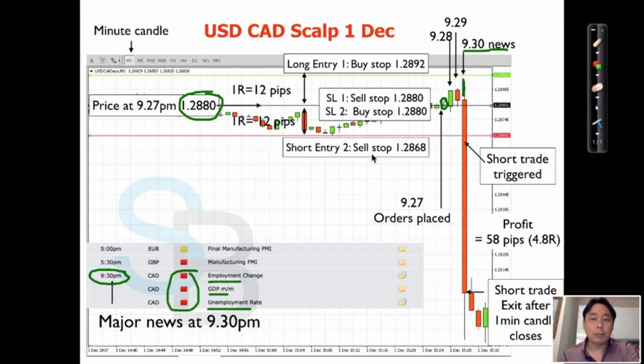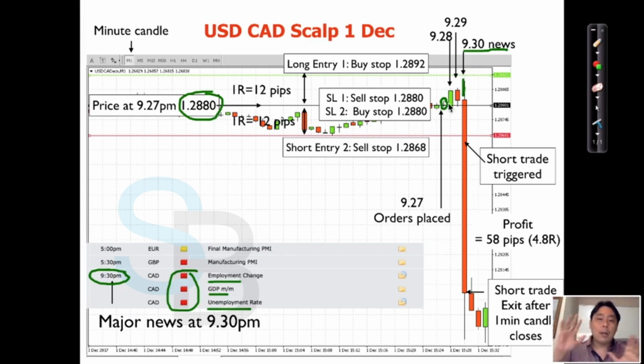I place my sell stop order 12 pips below the market price. So 2880 minus 12 is 2868. And this sell entry has a stop loss of 2880, again at the market price. So notice again, for both orders, long and short, they have the same stop loss at the market price.